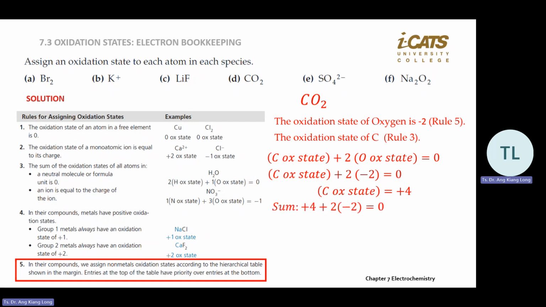So how do you write the oxidation state? Remember, you need to check your answer in test 2 and also the final exam. You need to write the sum equal: take the oxidation state number +4, plus 2 bracket -2, because CO2 has 2 oxygen, equals 0. Then you need to write something like this on the screen. Under the element C, you write +4 and not 4 plus.